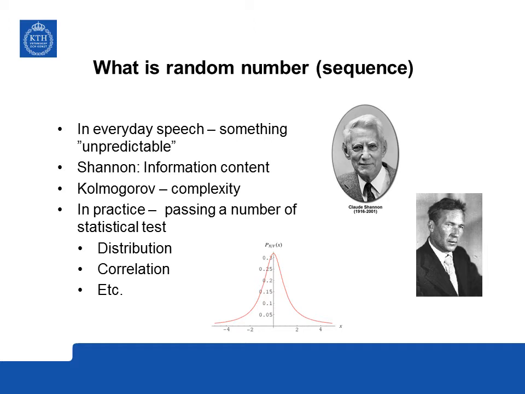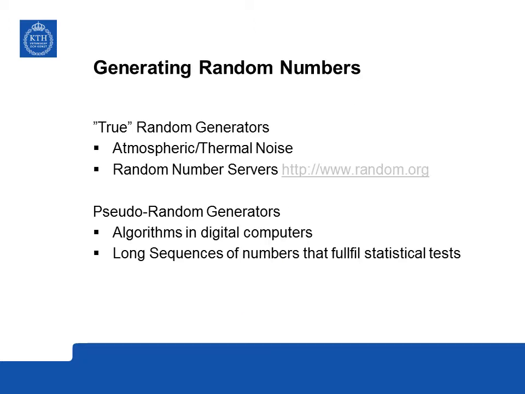The latter is, of course, important when we actually want to generate random numbers in the computer. And basically there are two types of ways of generating random numbers. One is to use a true random generator, which is typically a physical device that picks up atmospheric or thermal noise and generates a number.